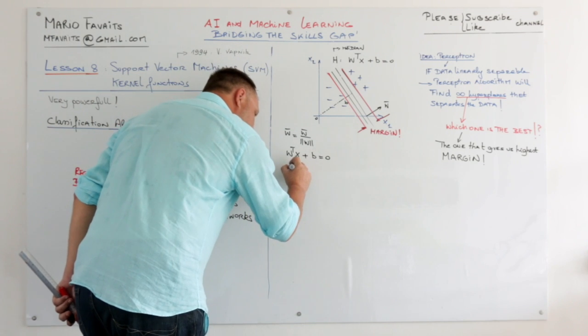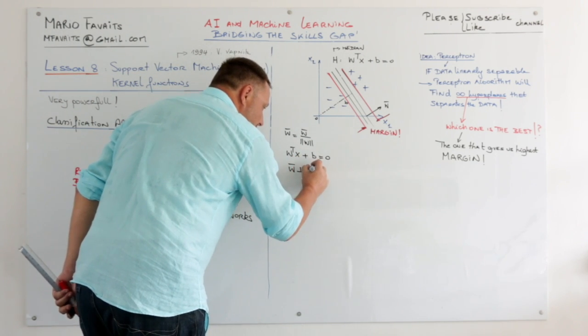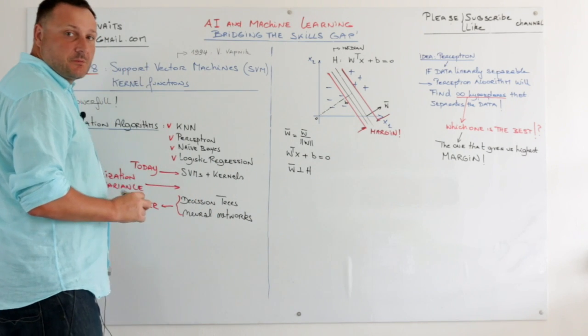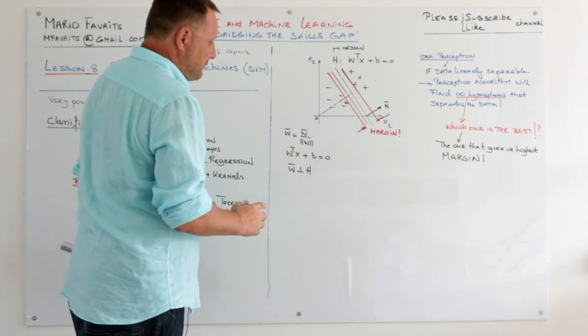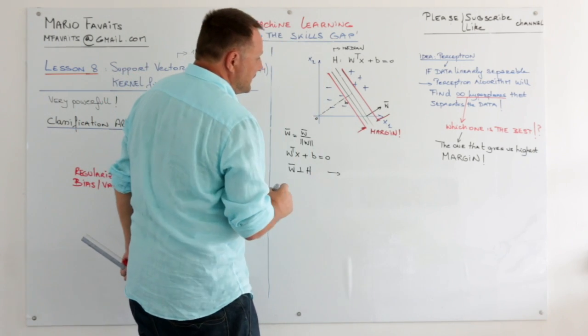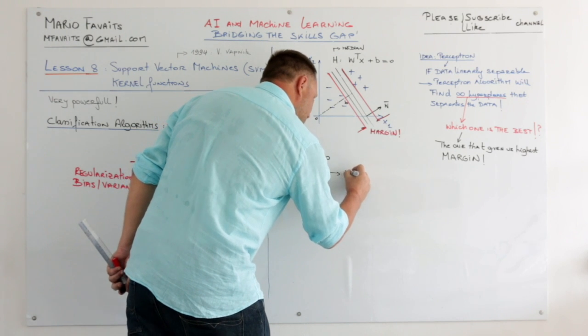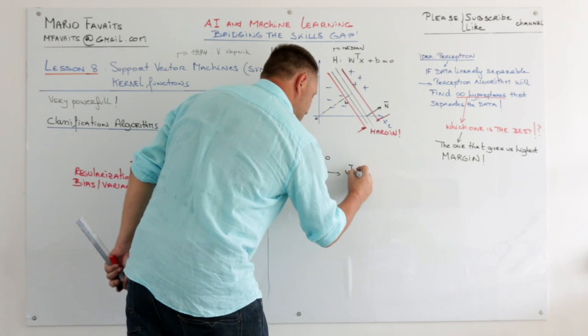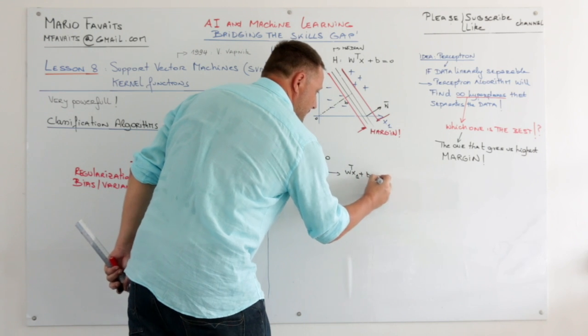First of all, we know that w should be perpendicular to the hyperplane H as well. We can prove that. Suppose you have 2 points on the hyperplane. That means that w transpose x1 plus b equals 0.